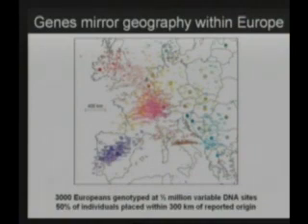That may not be too surprising to you, but what is remarkable is the scale on which this genetic similarity and difference actually happens. What they found by examining 3,000 Europeans, each of whom had their genes examined at 500,000 different genetic sites, that's the power of genetics now, is that they could take half of those individuals and place them within 300 kilometers of their reported origin.